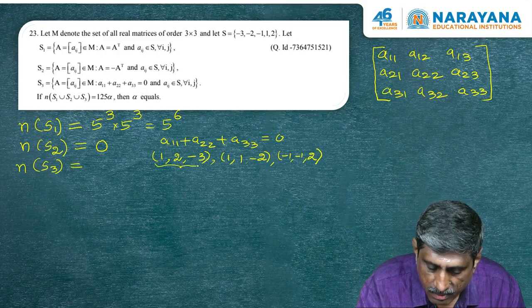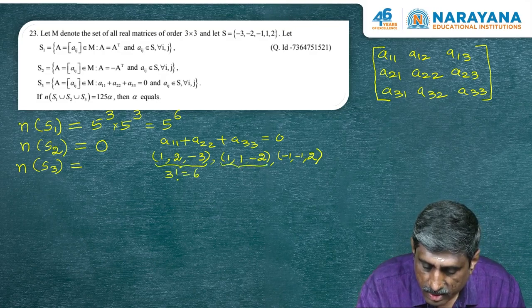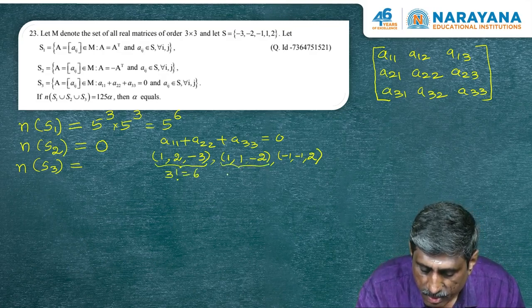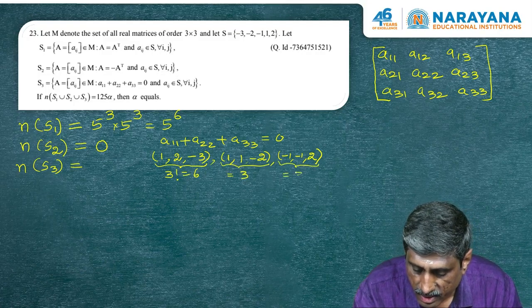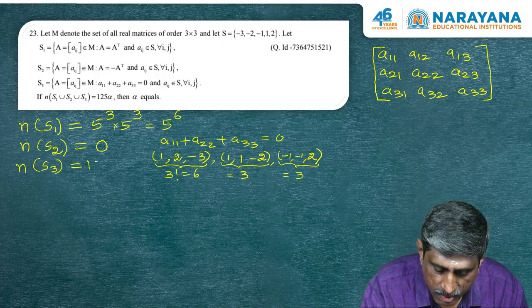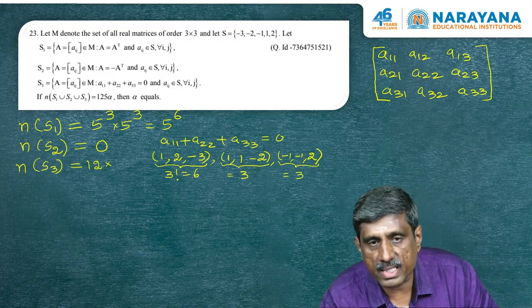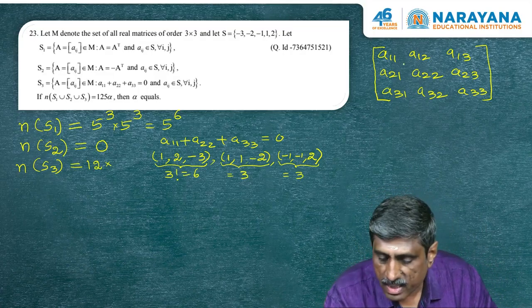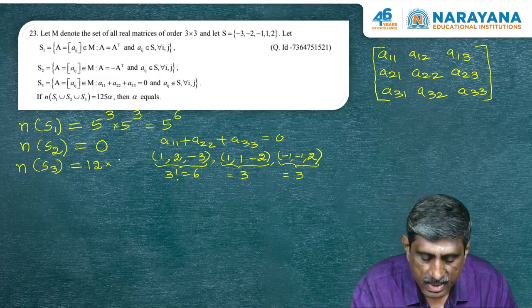And here we have 3 factorial possibilities, which is 6. And here we have 3 factorial by 2 factorial possibilities, which is 3. And here we have 3 factorial by 2 factorial possibilities, which is 3. Therefore, we have 6 plus 3 plus 3, 12 possibilities to get the sum of the diagonals, trace is equal to 0, and the remaining 6 elements can be anything.